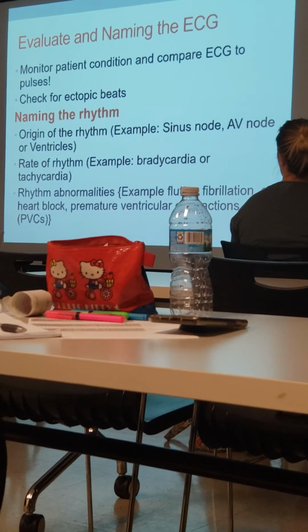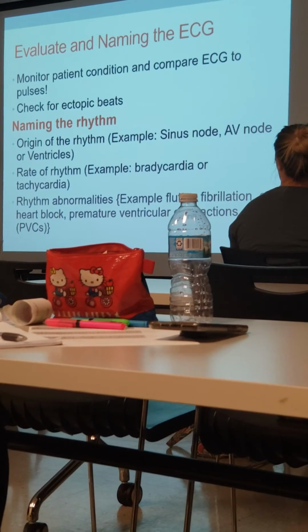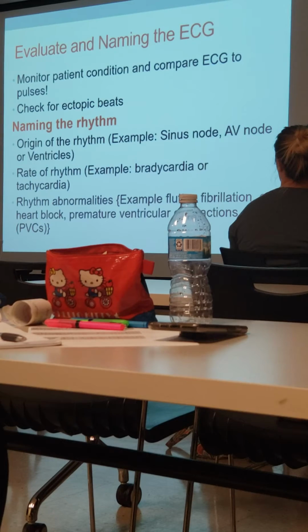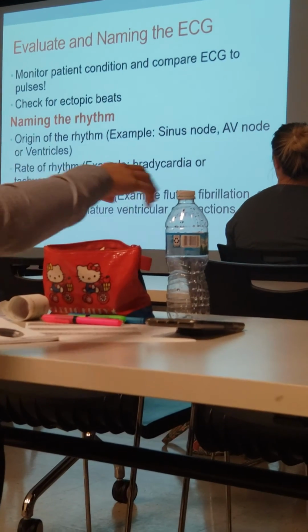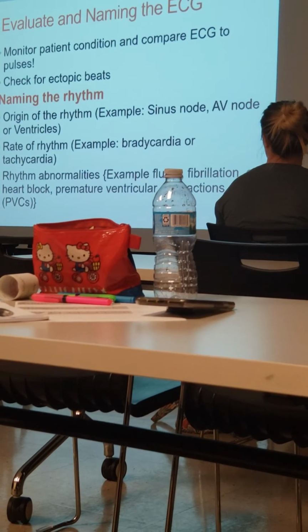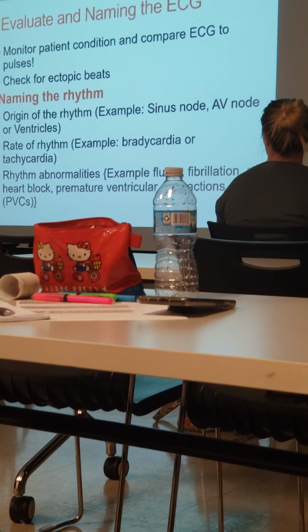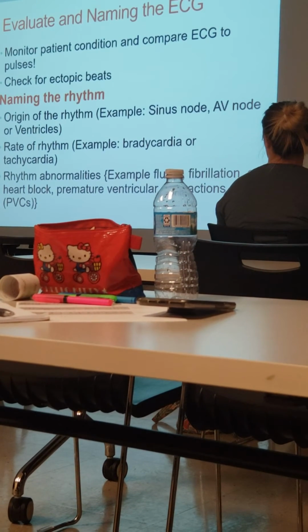So if the sinus node is beating, it's a sinus rhythm. If the AV node is beating, it is going to be a junctional rhythm or an atrioventricular rhythm. If only the ventricles are beating, it's a ventricular rhythm. So when you hear the term ventricular fibrillation or ventricular tachycardia, that's because the beat is originating from the ventricles.